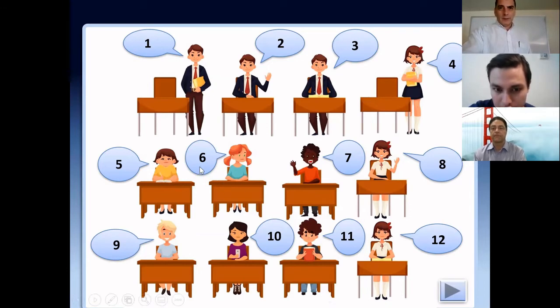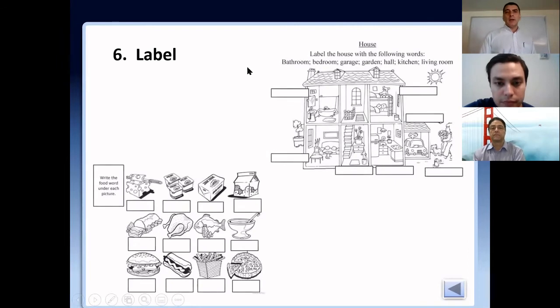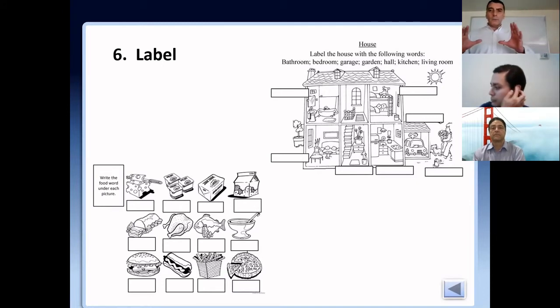The next one along, I think, will be this, where what we're doing is labeling. Okay, we're labeling, and again, a couple of variations here. We can label individual pictures with the words, or indeed, we can label parts of one big picture with the various words, as we see here.